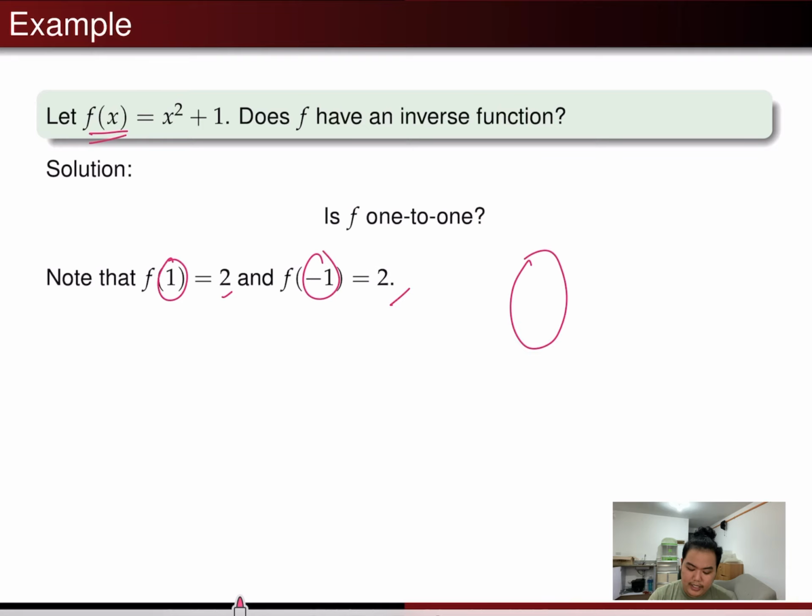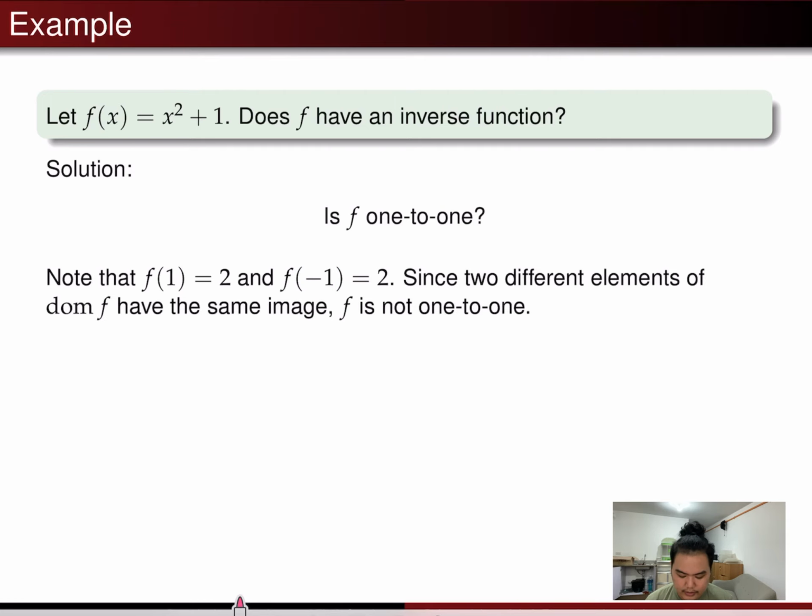So, kumbaga, in your function, you have 1 here, you have -1 here, and then 2. So, that is not a 1-to-1 function. It's a function, yes, but it is not 1-to-1. So, f has no inverse function.